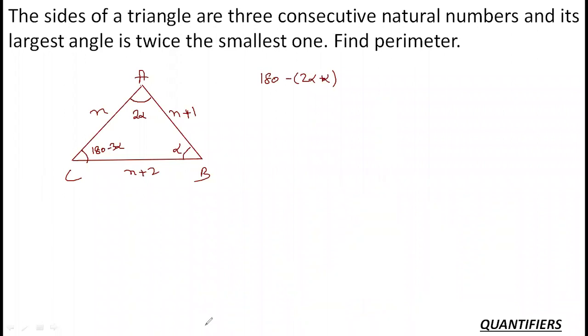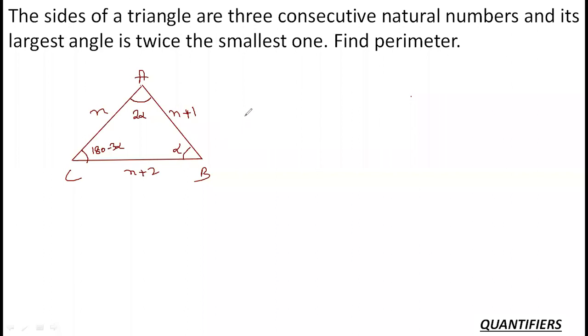What is sine rule? Sine rule simply says sine A upon A is equal to sine B upon B is equal to sine C upon C. This is the basic meaning of sine rule. Now, if I am applying the sine rule over these sides, what am I getting?